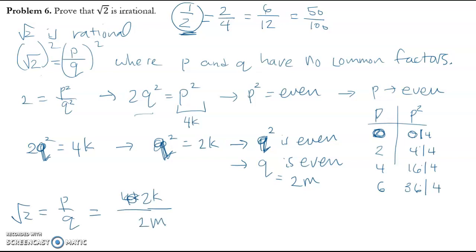This is a contradiction to where we said that p and q have no common factors, because it seems like they do have common factors. So therefore, this cannot be true. This is how we prove by contradiction that the square root of 2 cannot be rational, which means that it has to be an irrational number.